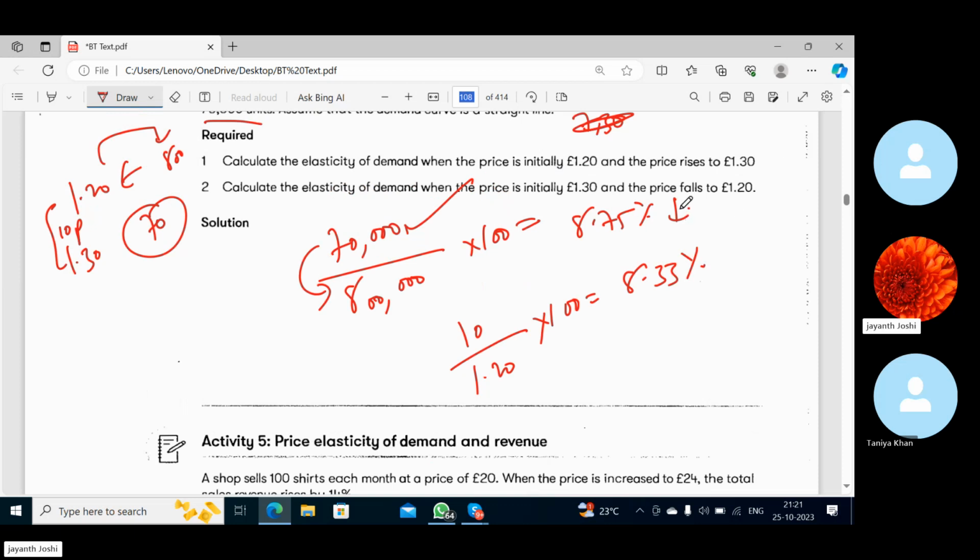So quantity demanded is falling because of the rise in price. So now elasticity. It is falling, right? So 8.75 divided by 8.33 into 100. Just tell me what is the elasticity of demand?